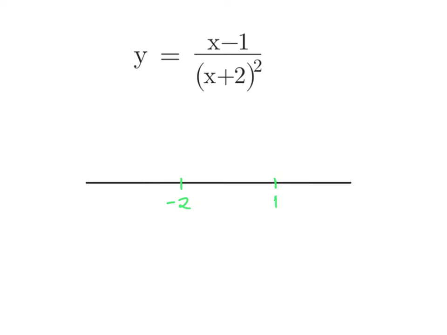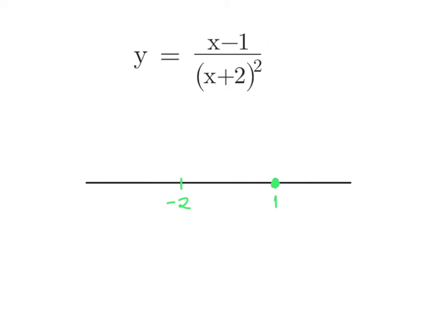Now this is where it's really important to recognize why those are the important points. 1 is an important point because 1 minus 1 gives us 0 in the numerator, and we'll end up with 9 in the denominator. So that is a 0 of the function.